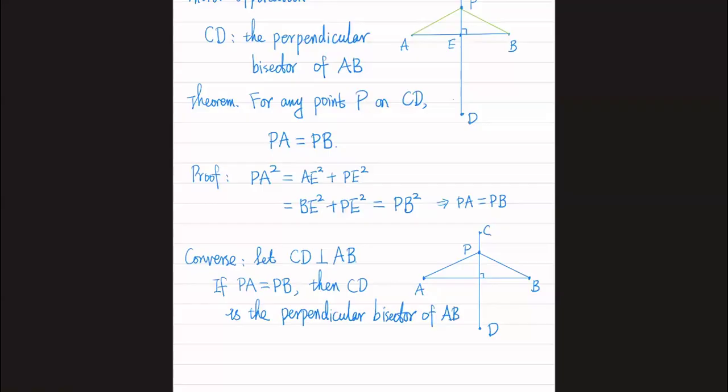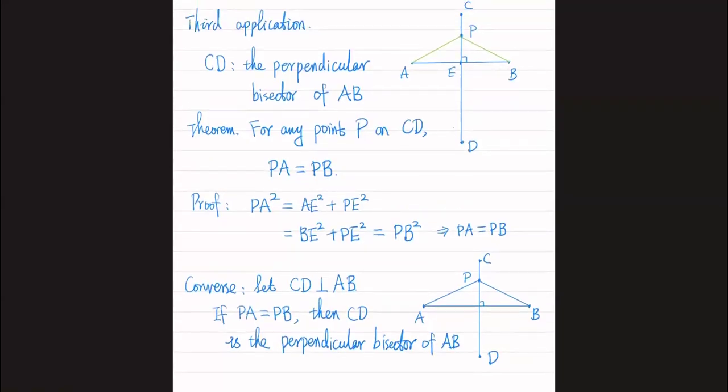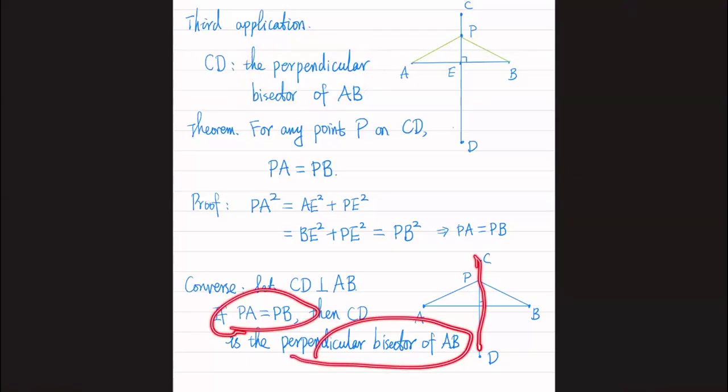So two directions. If we have a perpendicular bisector, then for any point on CD, they have the equal distance. The other way, if we have equal distance for a perpendicular line, then it must be a perpendicular bisector.